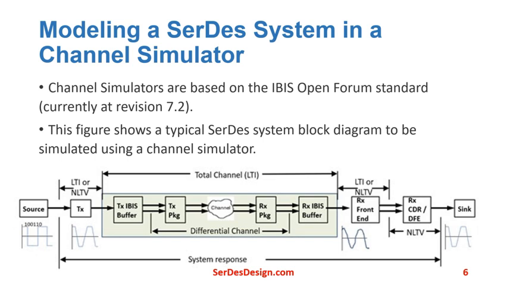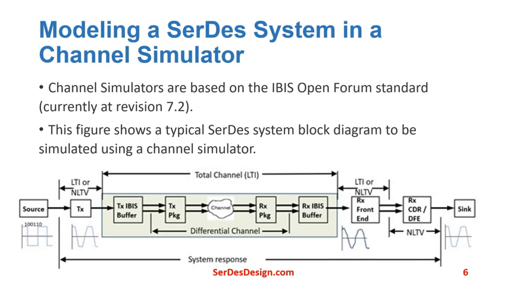The AMI portion typically contains a transmit equalizer, often in the form of a feed-forward equalizer. The IBIS portion provides a differential output to the channel. There's a transmit package, typically a channel, and a receive package. Typically, these pieces represent the differential channel. Each part is optional and may be represented using S-parameter files.